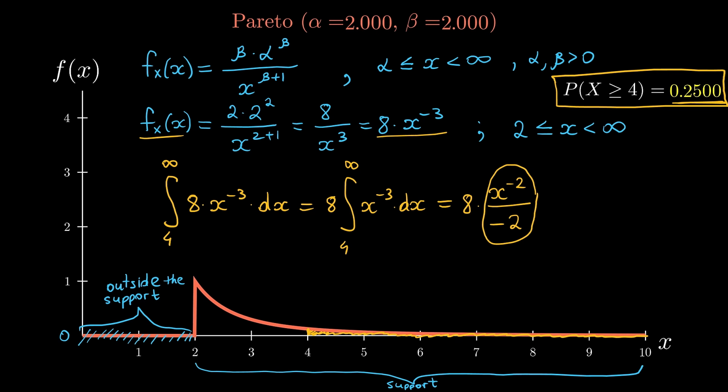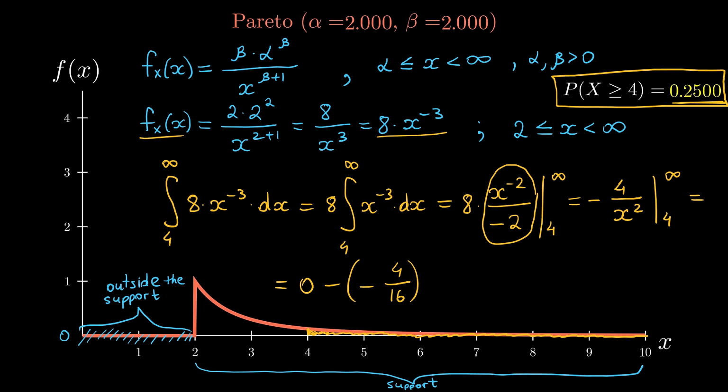When you take the derivative of this, you get x to the power of minus 3. That looks right. And we go from 4 to infinity. So what we really have here is minus 4 over x squared, evaluated from 4 to infinity. At infinity we get 0, and at 4 we get minus 4 over 16, and that is 1/4 or 0.25, and that matches what Python told us here that the area to the right of 4 is.